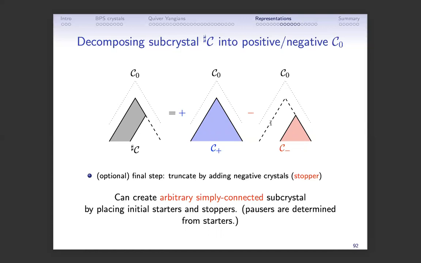The starting point of the negative crystal we call a stopper, because if you put the stopper here, then the crystal will just stop growing once you reach this part. So the point is that you can create an arbitrary simply connected subcrystal this way by placing your initial starters and stoppers. The pulsars you can determine from these starters.